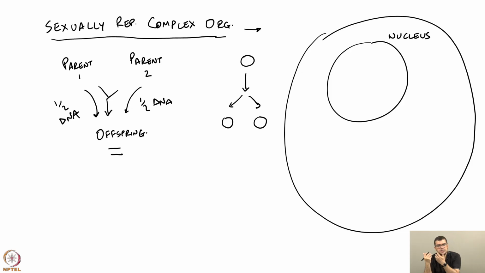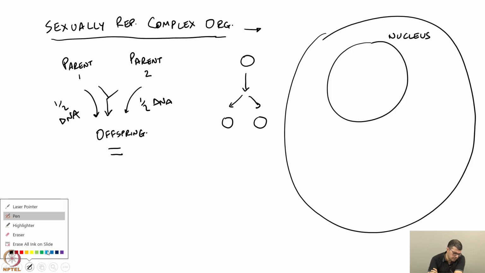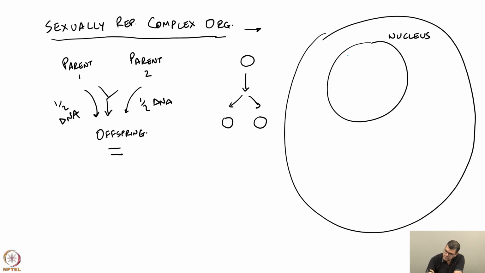Unlike bacteria whose DNA is circular in nature, human DNA is linear threads of DNA, and these linear threads are called chromosomes. So, there is chromosome 1, chromosome 2, 3, going all the way to 22.